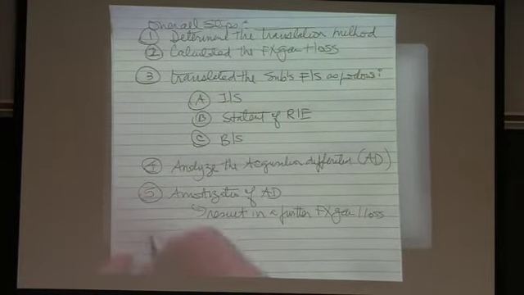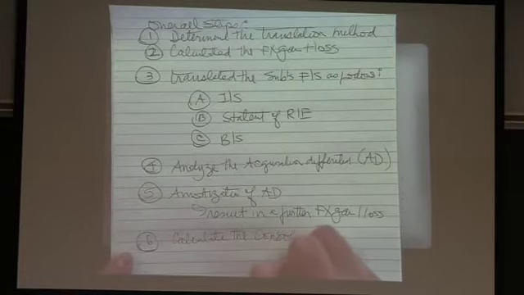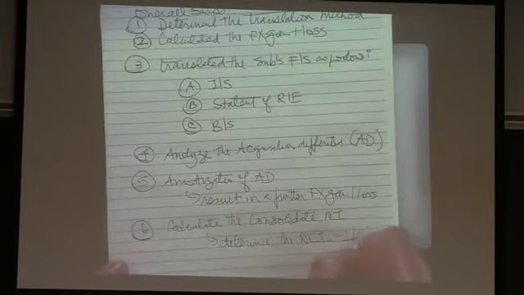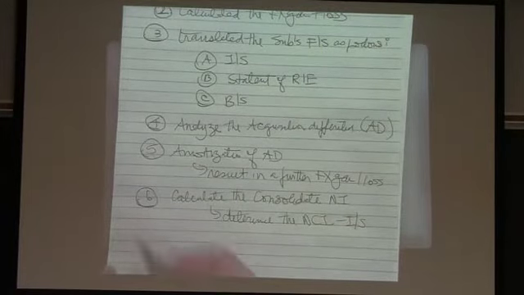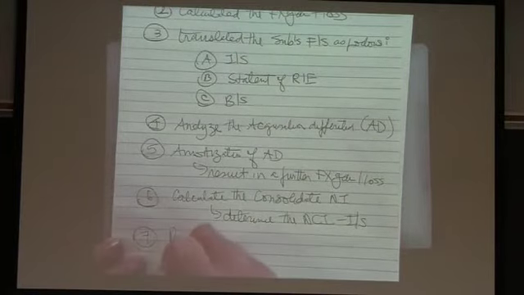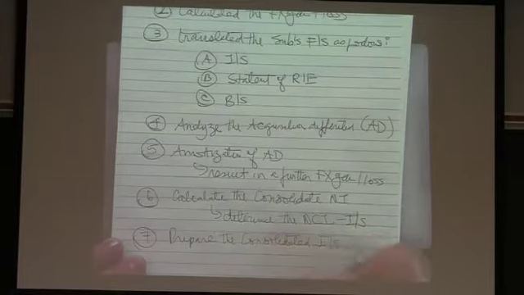So once we've done that, normally what we do is we calculate the consolidated net income, and that allowed us to determine the NCI income statement, which we need. Then step 7 says we need to prepare the consolidated income statement in good form.